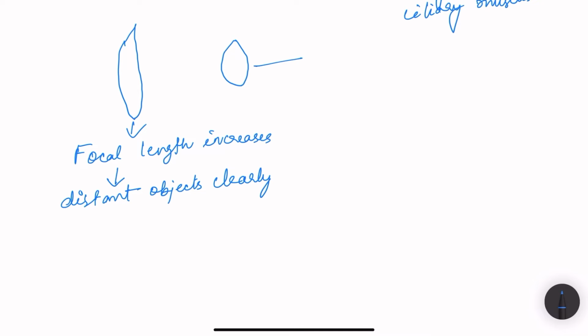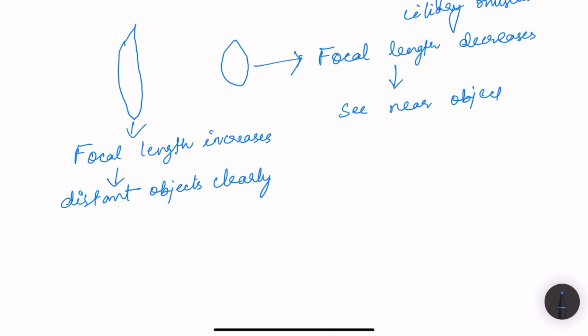Whereas when the lens is made thick, the focal length of the lens decreases, and by this we can see near objects clearly.